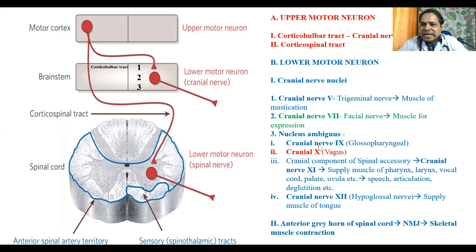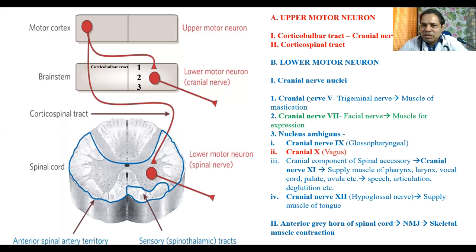In that we have cranial nerve 9, glossopharyngeal, going to the tongue and pharynx; cranial nerve 10, vagus, which secretes acetylcholine; and the cranial component of the spinal accessory nerve, cranial nerve 11. They supply the muscles of the pharynx, larynx, vocal cord, palate, and uvula. It's for speech, articulation, and deglutition. Cranial nerve 12, hypoglossal nerve, supplies the muscles of the tongue.